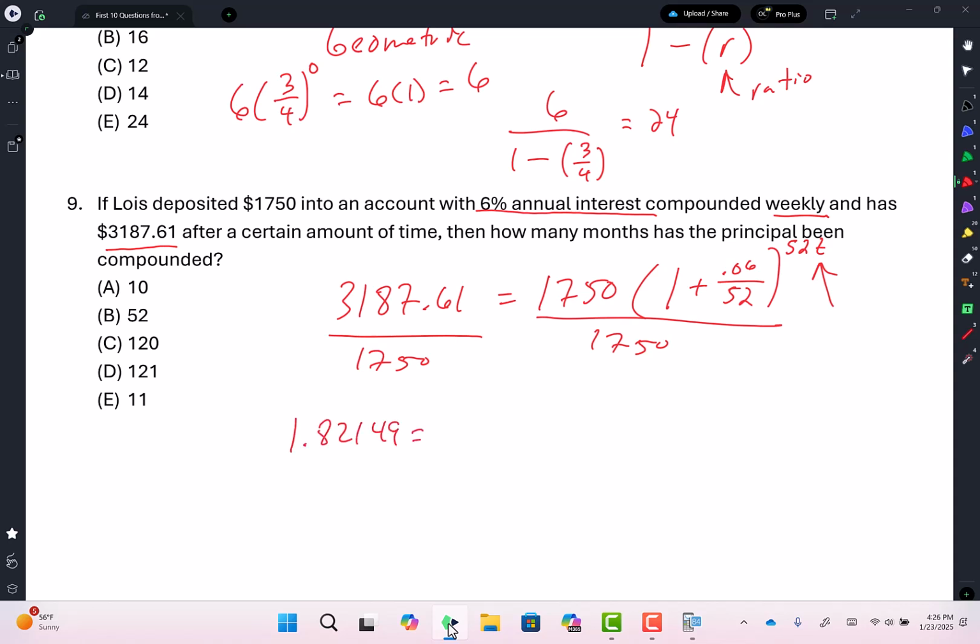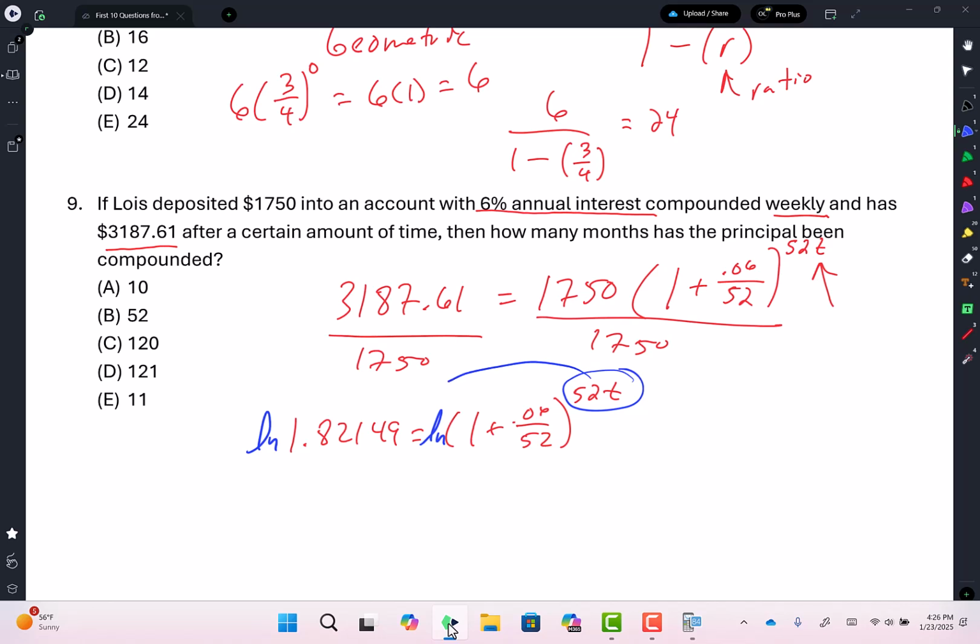1.82149 equals, and for now I'm going to leave it like this. I'll figure out what this is in the calculator in a little bit. You might have seen this in algebra. I'm not sure, but hopefully if you did it during the winter break, you got a good grade. I want to bring that 52t down. How do I bring it down? Logs, ln. I'm going to put ln on the left, and I'm going to put ln on the right, because I'm going to use log rules.